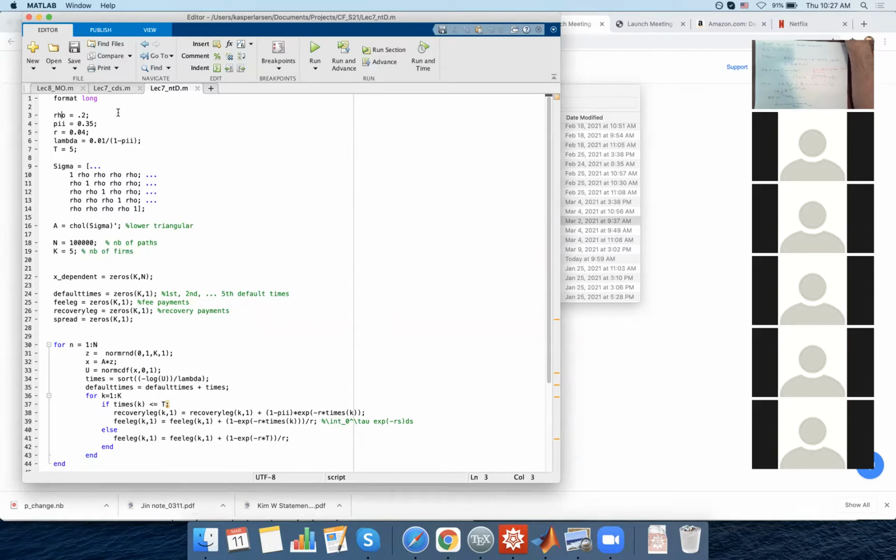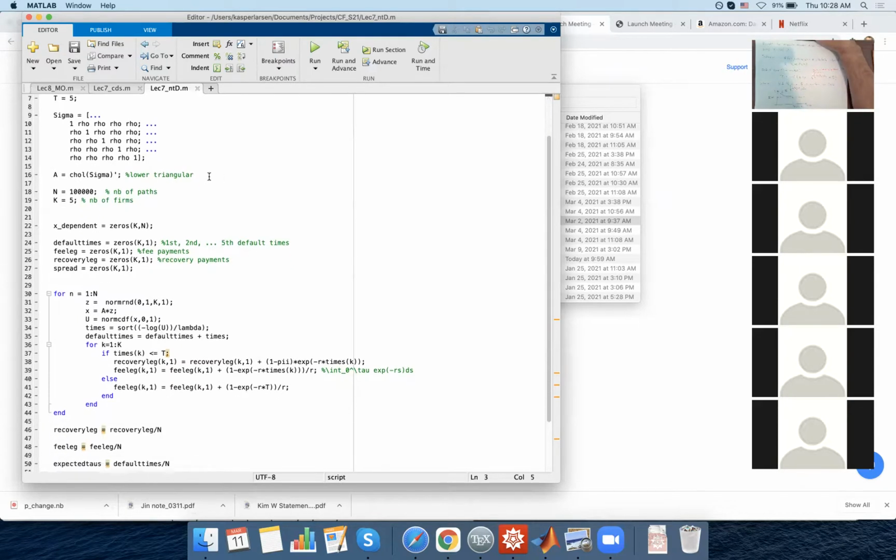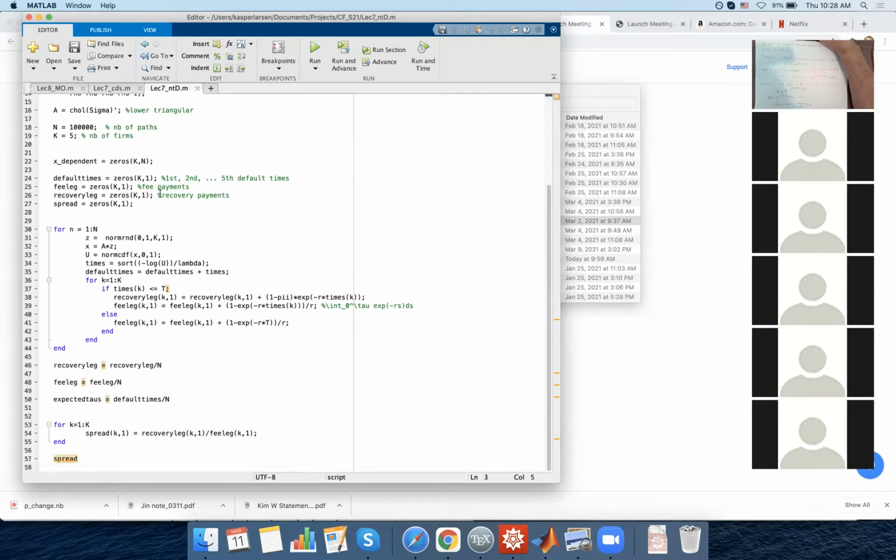There's a parameter rho in here, and that rho is what's going to determine the dependency between U1 and U2. We will talk a lot more about that in a bit, but you can see the code here is not elaborate. It's like 40 lines. All it does is keep track of these default times.